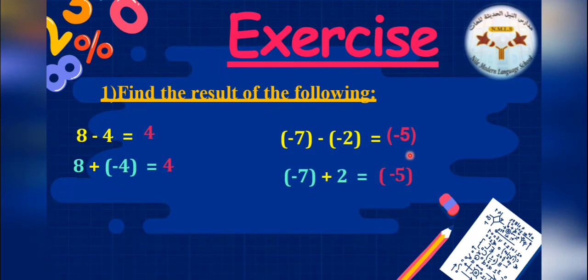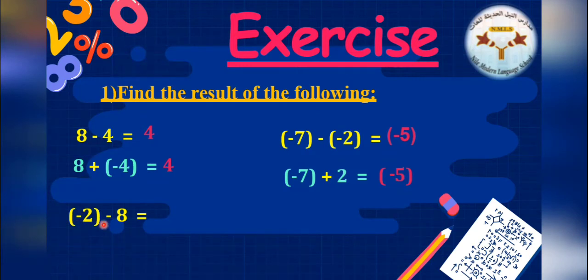Another one, negative 2 minus 8. Here I have a negative or a minus sign. I can read it as negative 2 minus 8 to be accurate.